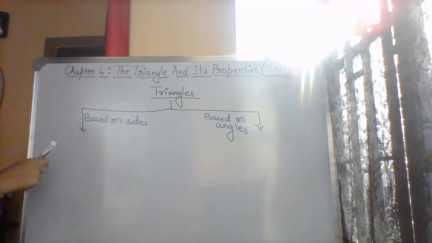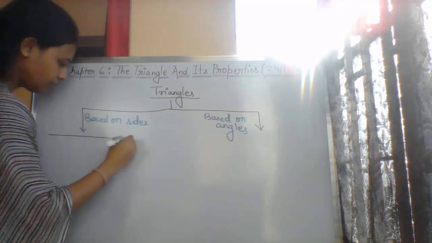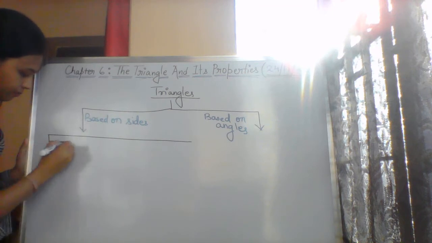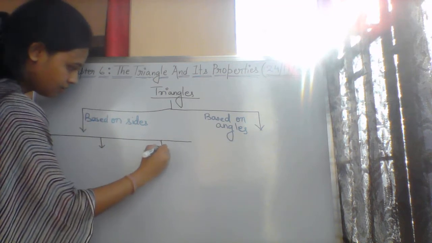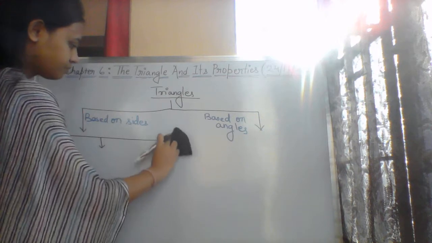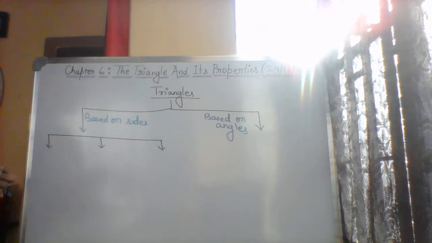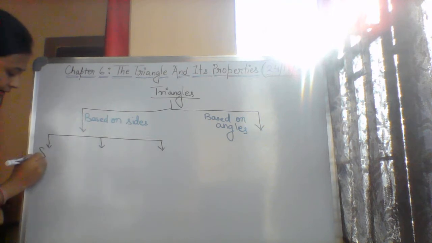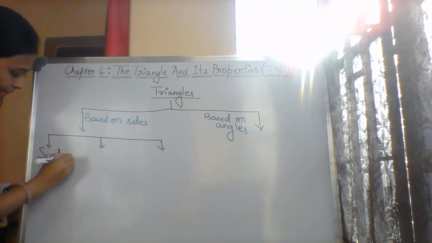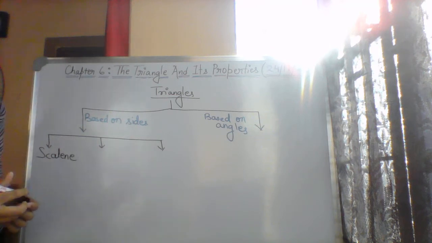Now, based on sides, how can we classify them? If you consider all sides of different measurement, what do we call that type of triangle? Yes, you are very right, scalene triangle, where all the sides are different.